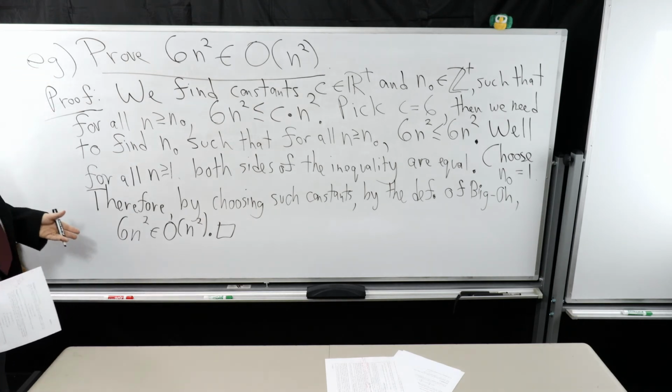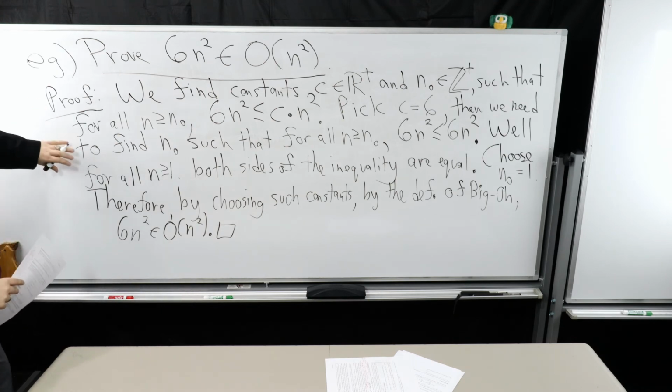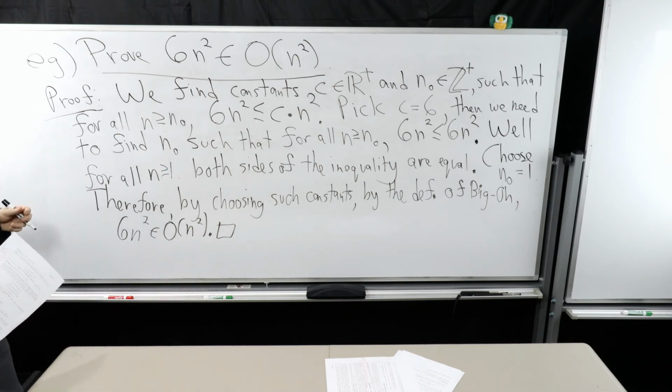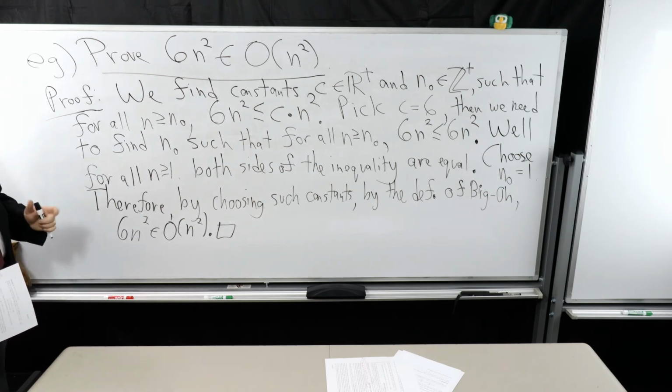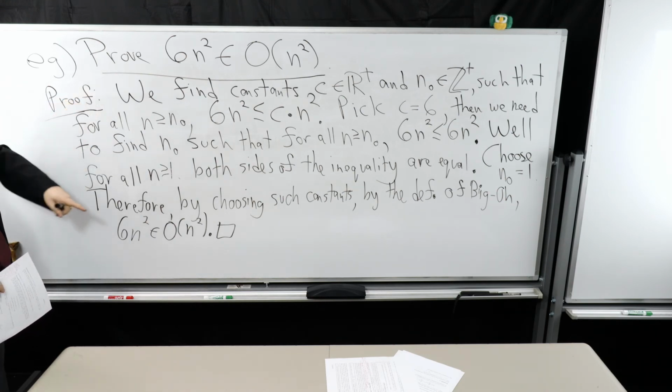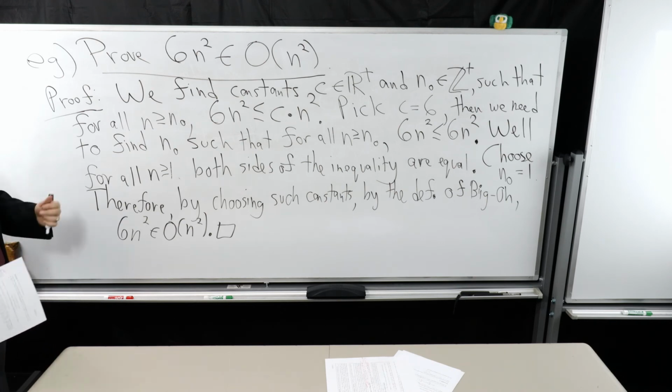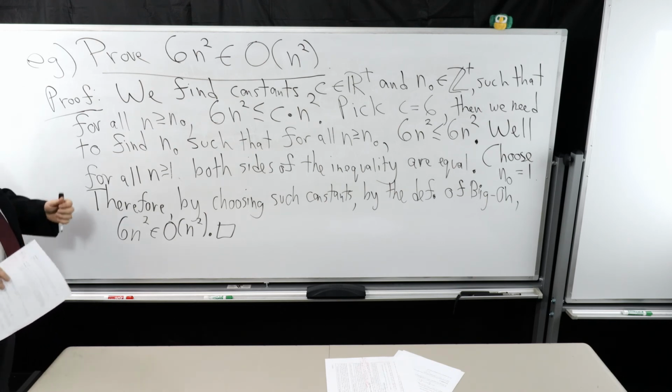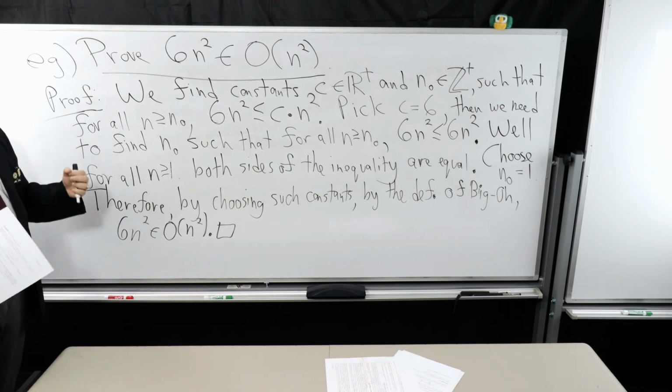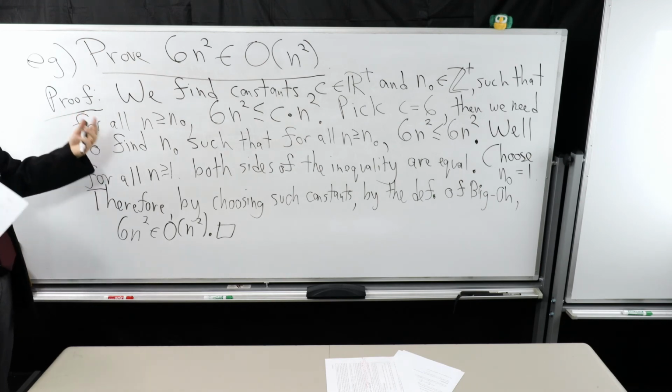So this looks a little wordy at first. Maybe you feel like you can somehow make this a little shorter. You can. But I like to show all my reasoning like this. So I say what I'm going to do. I tell you what I'm going to select. Remember, because this is an existential statement, I just need to show they exist.